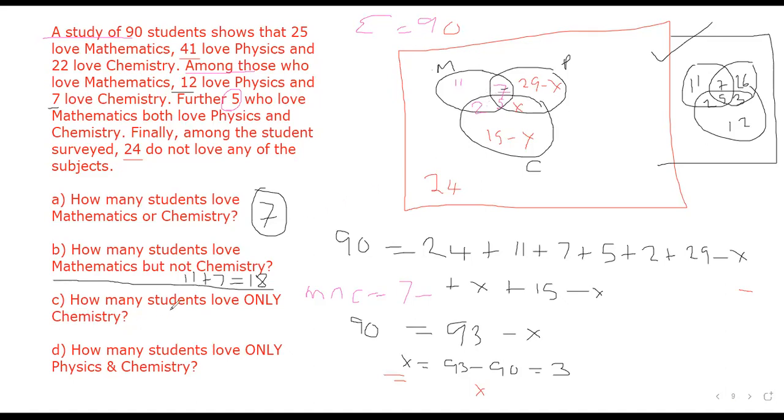Then here, how many students love only chemistry? 12. Then how many students love only physics and chemistry? 7. No, 12. No, 7. How many students love physics and chemistry? Is that 16 or 26 in the physics? 26.